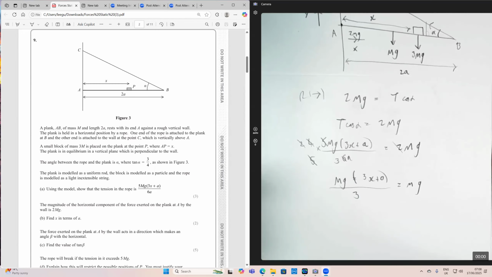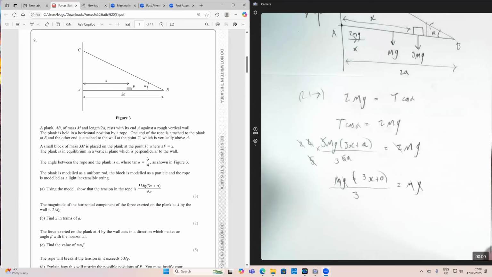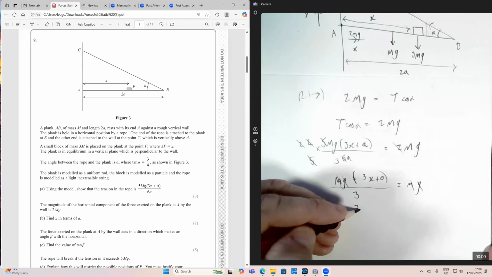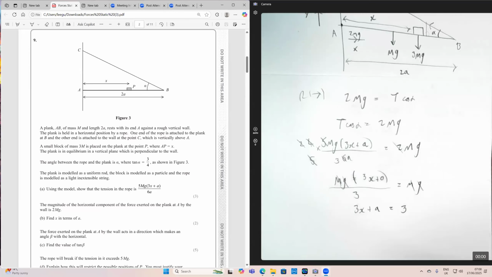Now we can cancel out our mg on both sides. So that's going to give me 3x + a is equal to 3.